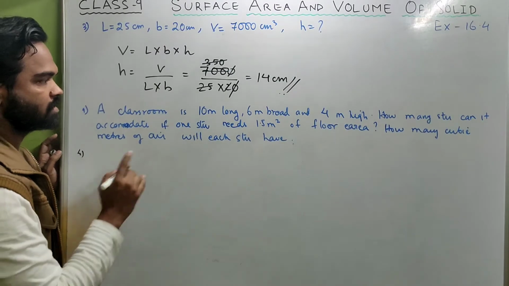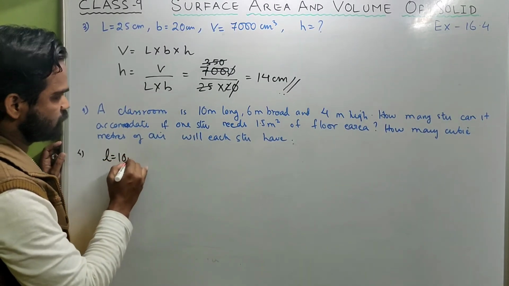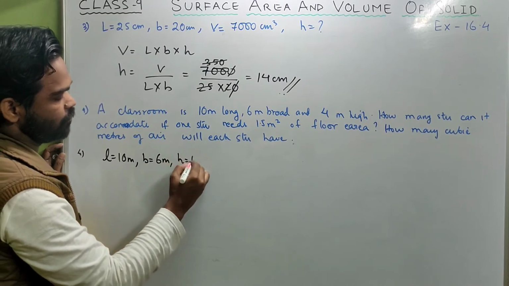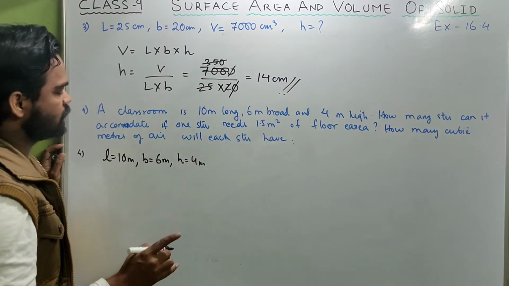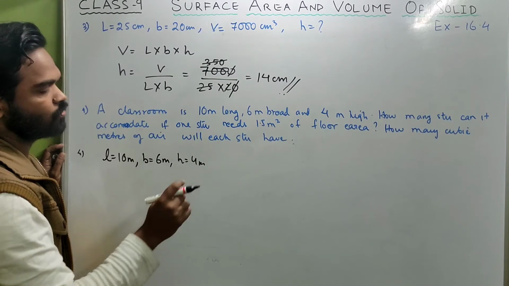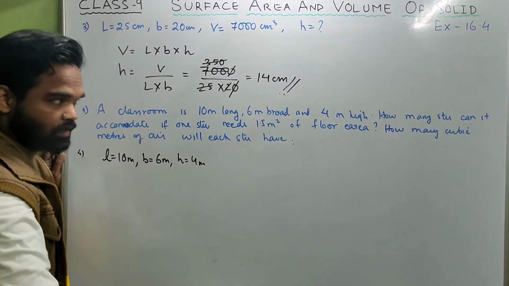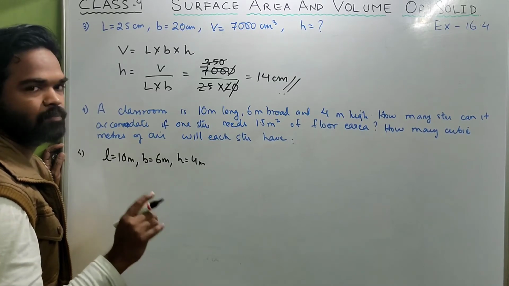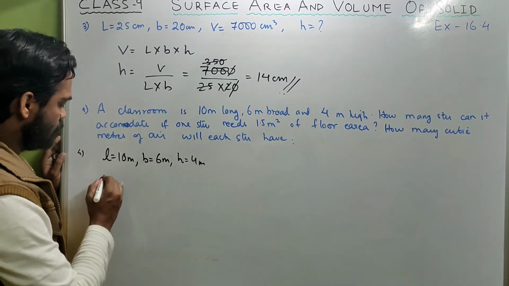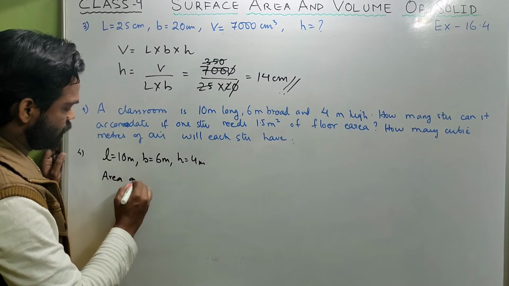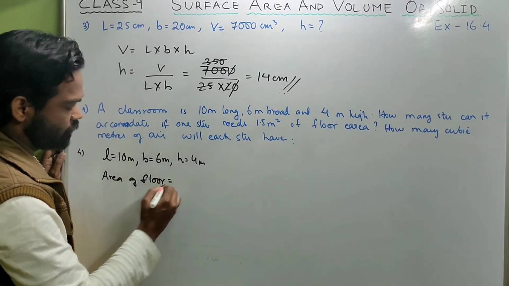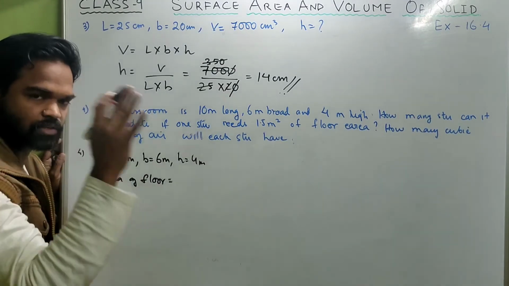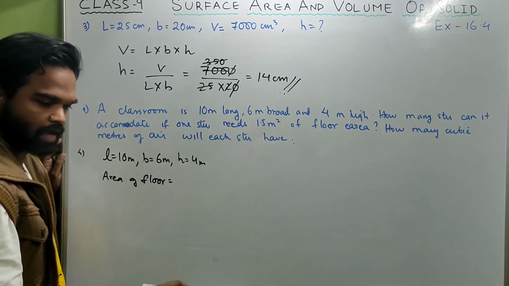Look at number 4. A classroom is 10 meter long, 6 meter broad, and 4 meter high. How many students can it accommodate if one student needs 1.5 meters square of the floor area? How many cubic meter of air will each student have? First of all, area of floor will be length into breadth, isn't it? If you imagine a cuboid, the floor has length and breadth.